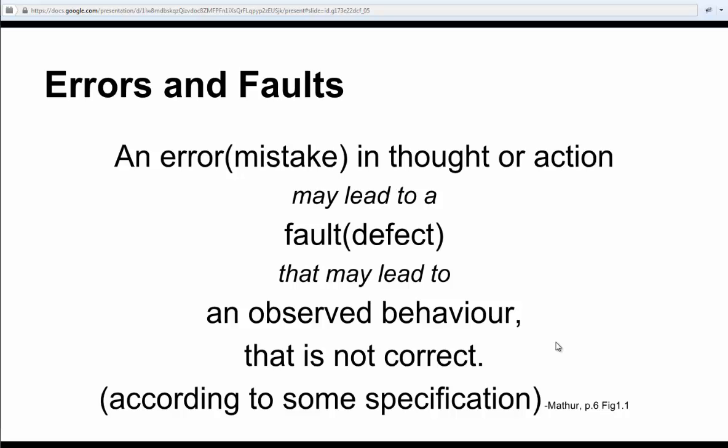In the previous example, it did not lead to an observed behavior because I did not have a test on the green circle. So if we observe a correct behavior, we don't see anything, but this defect may lead to that. We have an observed behavior that is not correct, according to some specification.